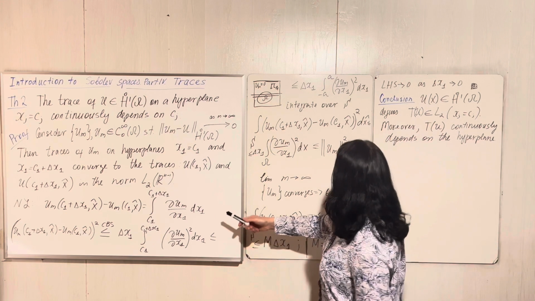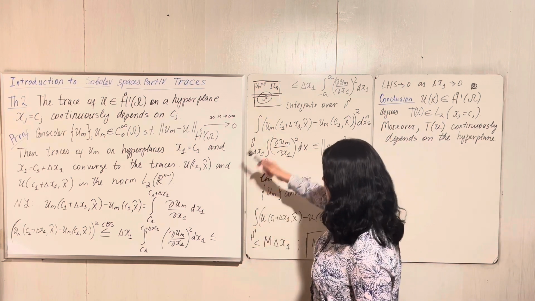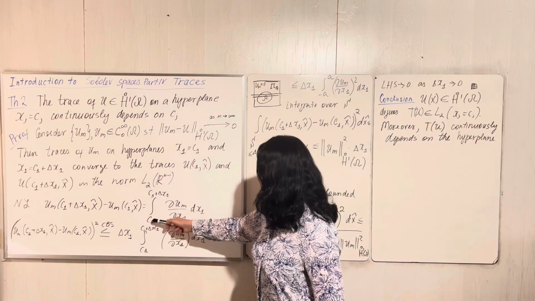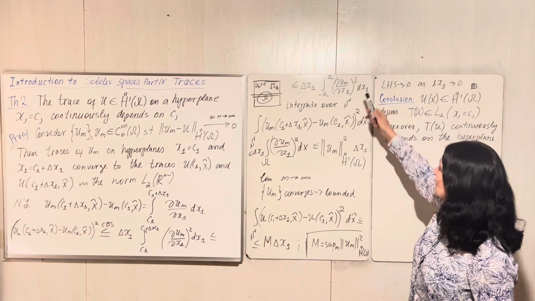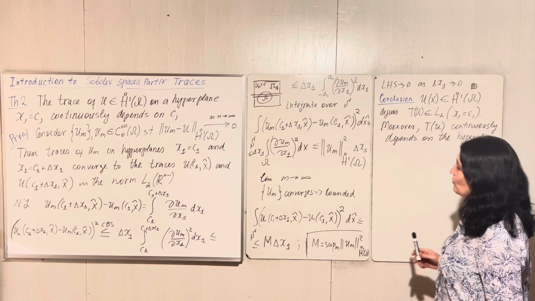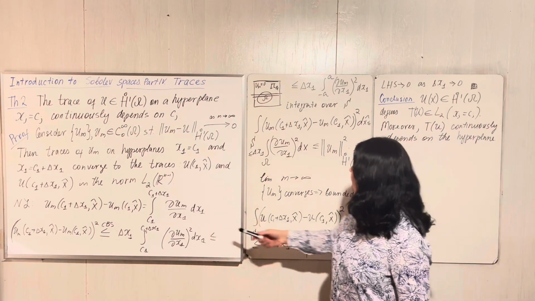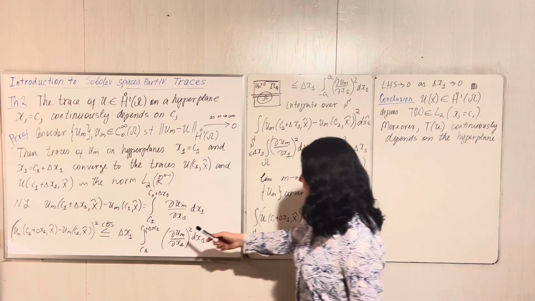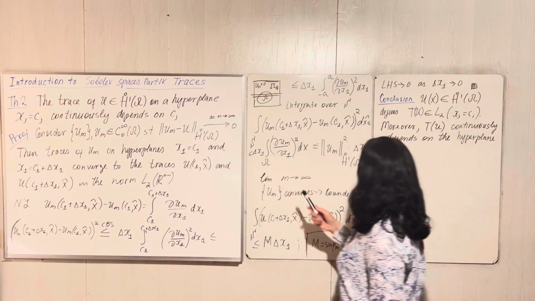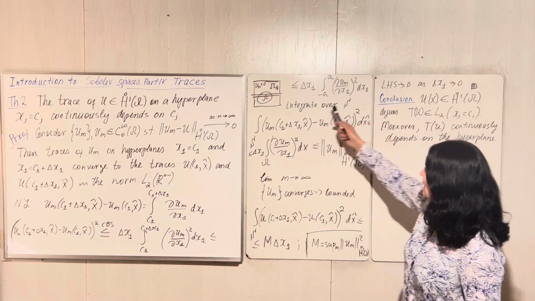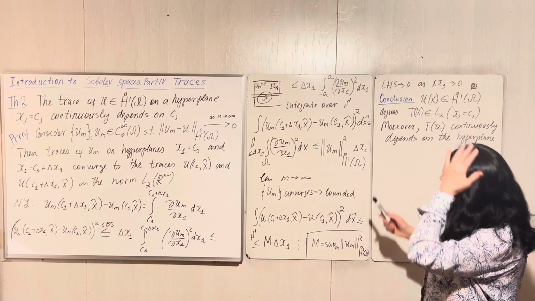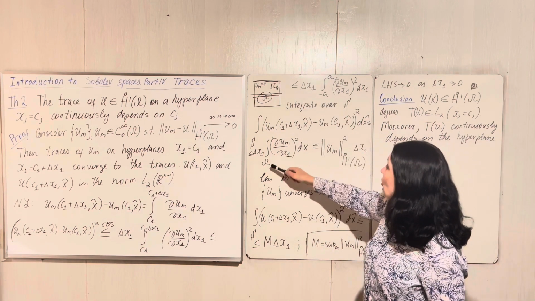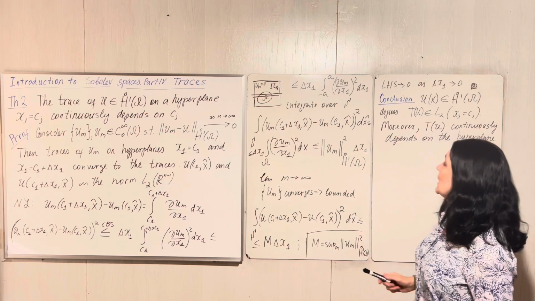If we just increase the interval, we will get something only bigger, and then we will integrate both parts. On the left hand side we integrate over s, and on the right hand side we will have an integral over Ω.